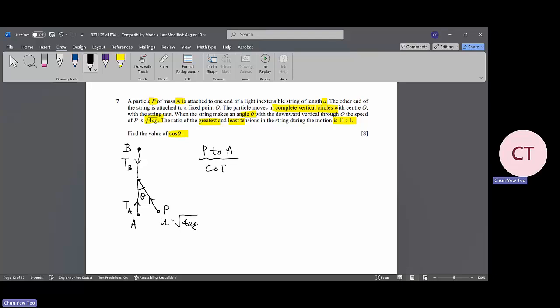Our conservation of energy says that the GPE loss equals the KE gain. The speed over here is VA, and the speed over here is VB. So you have mgh equals half m of VA squared minus U squared. So VA squared equals U squared plus 2gh.